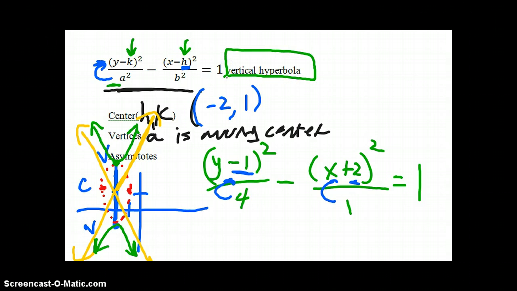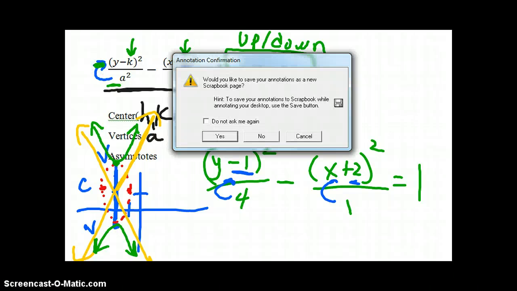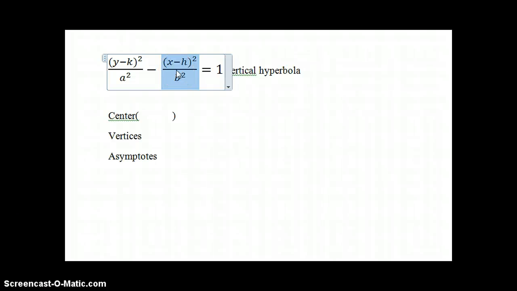Why is it vertical? Because it goes up and down. The horizontal went right and left. And how do we know that? We have an up and down if the Y comes first, and we have a right to left if we have the X coming first.